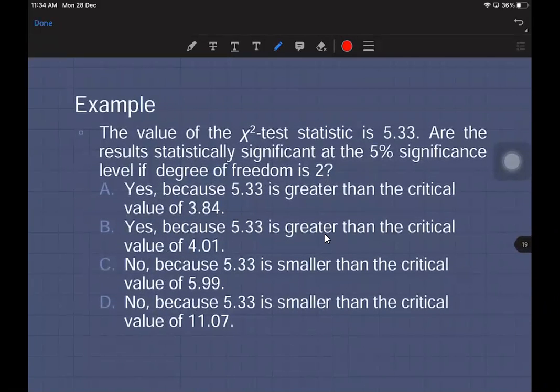Another exercise. The value of the chi-square test statistic is 5.33. Is the result significant at the 5% significance level if the degree of freedom is 2? We have calculated degree of freedom equals 2, alpha equals 0.05, so our critical value is 5.991.